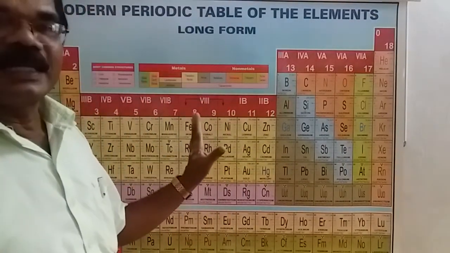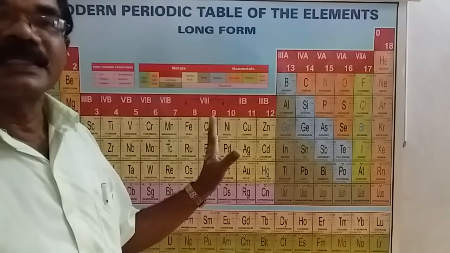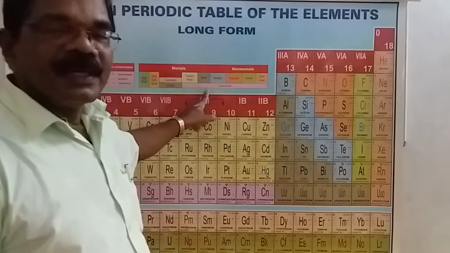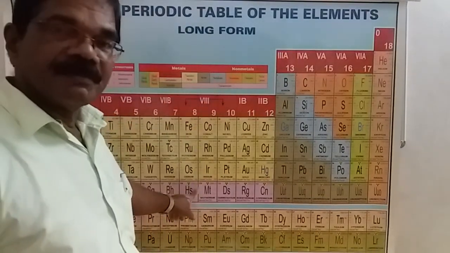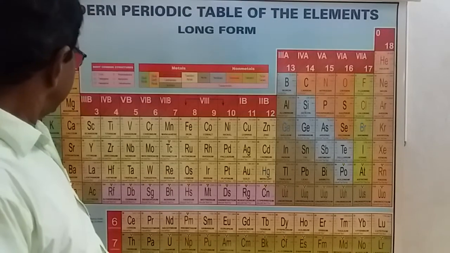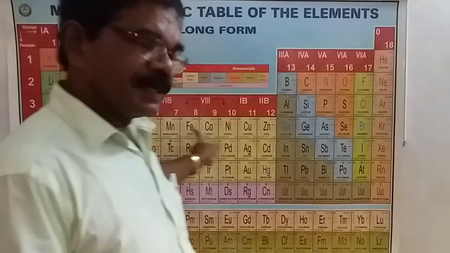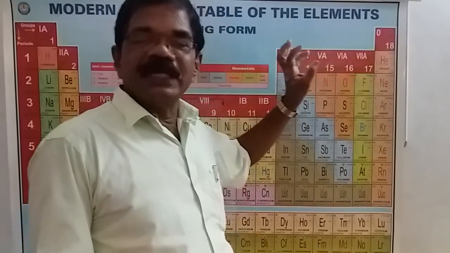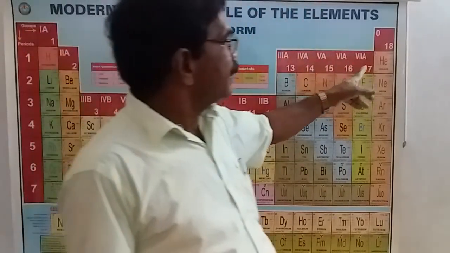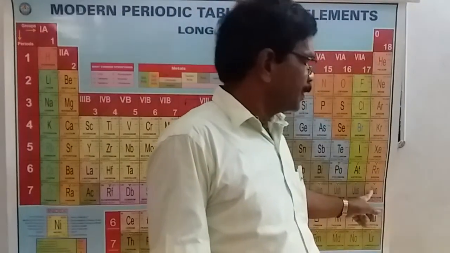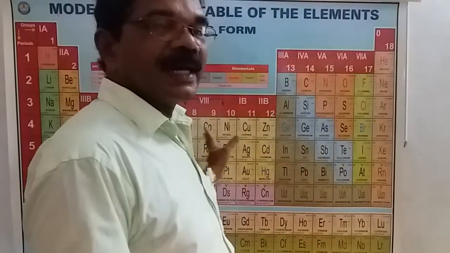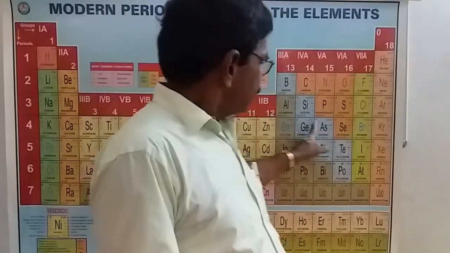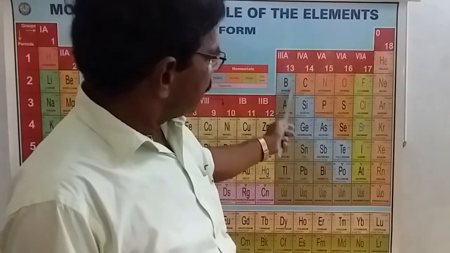How does the metallic character change from top to bottom? Similarly, how does it change in a period? Similarly, how does the non-metallic character change from top to bottom, and from left to right? So you must remember these elements.